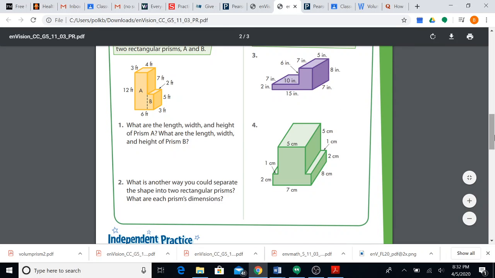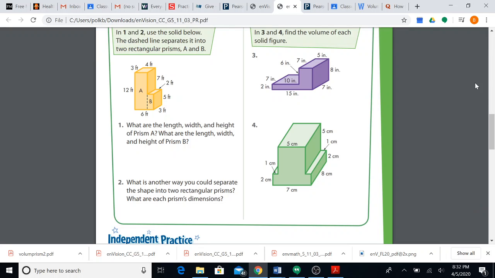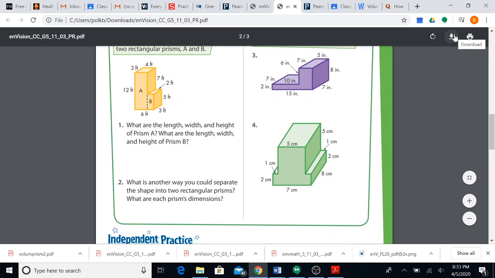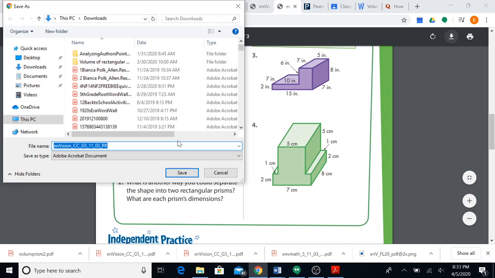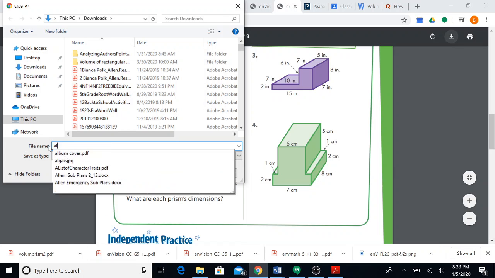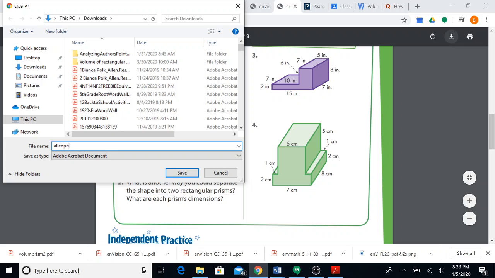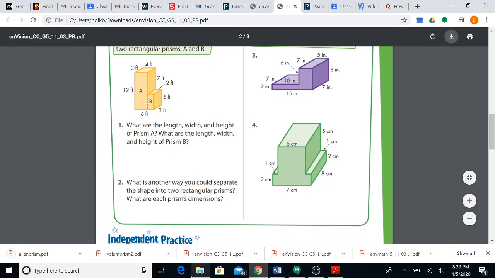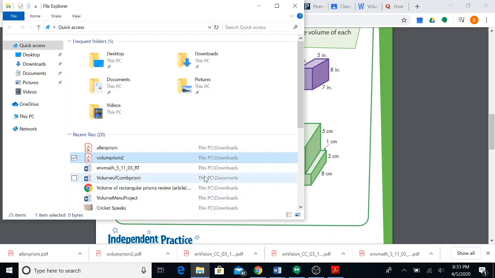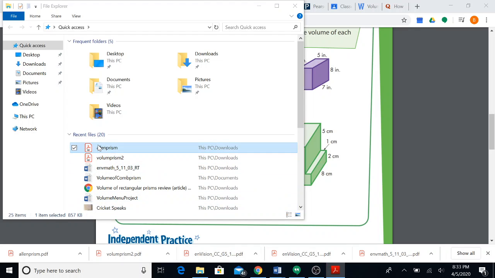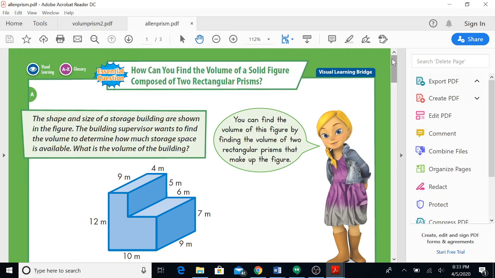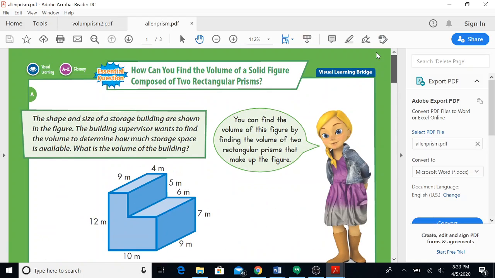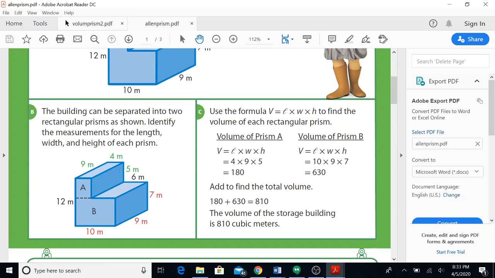Now, if you want to draw on your computer, I'm going to show you how. You simply download the worksheet. You can name it whatever you want. I might name this Allen Prism, and I'm going to save that. And I'm going to go ahead and open this up, going to my folder. And now I have this PDF pulled up on my computer.